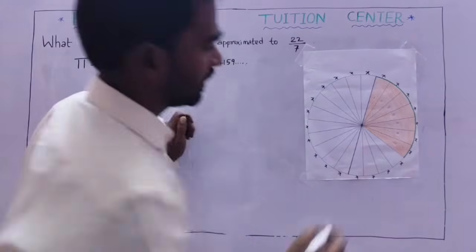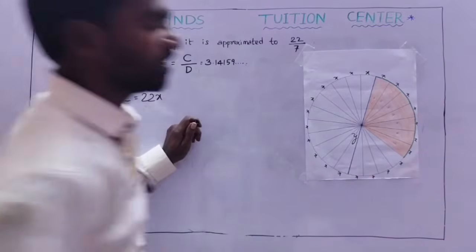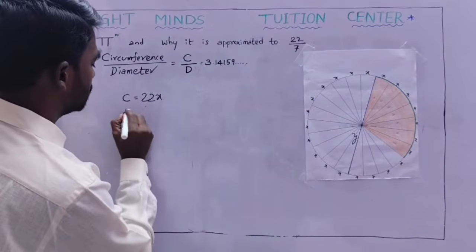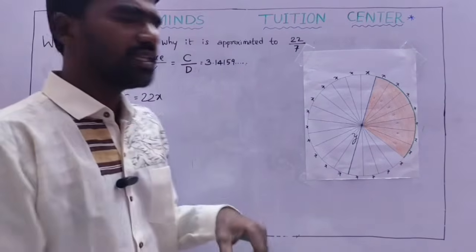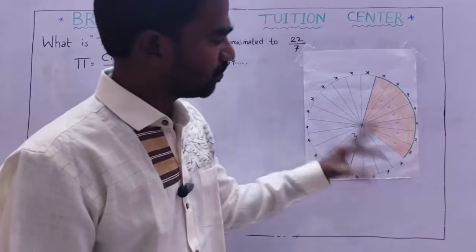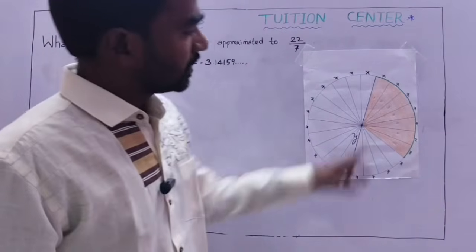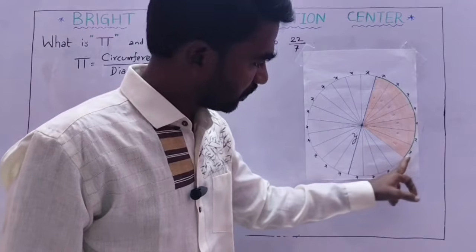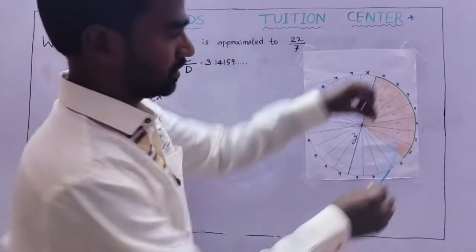Then diameter, let us assume that the diameter is y. We are assuming the diameter d is equal to y. If you see the relation between y and x here, 7 parts of the circumference will be equal to the diameter.